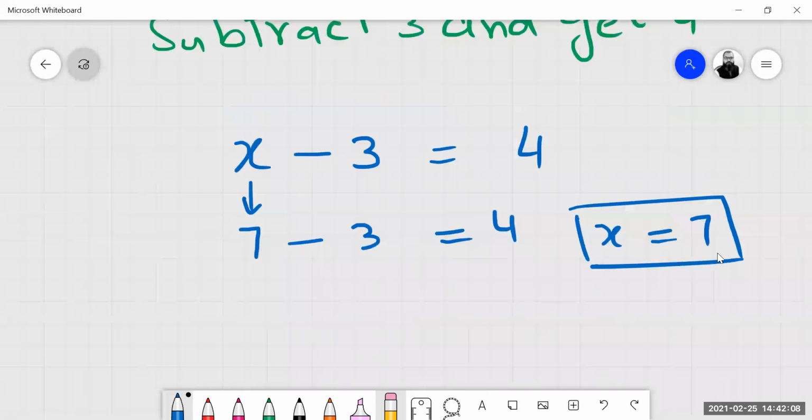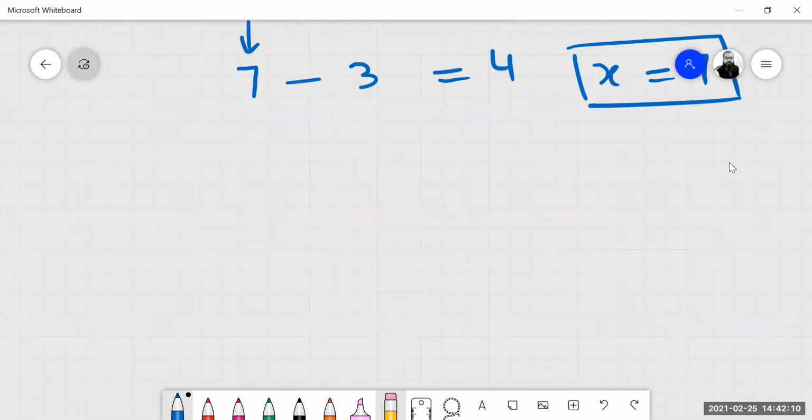Now question number 2. Walid, read question number 2 from the book. I think of a number, add 1 and the result is 3.